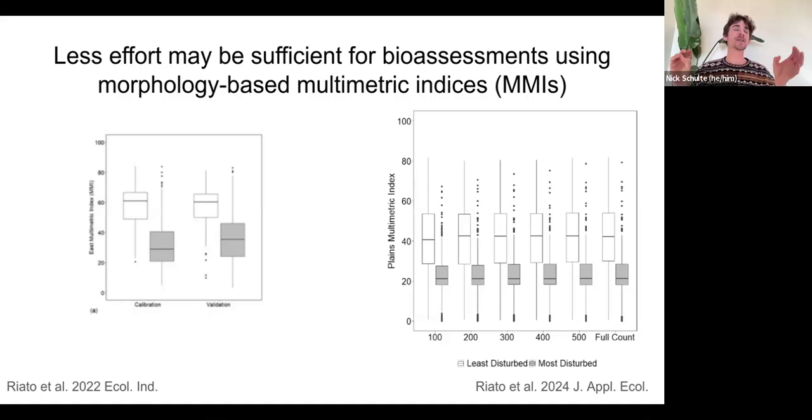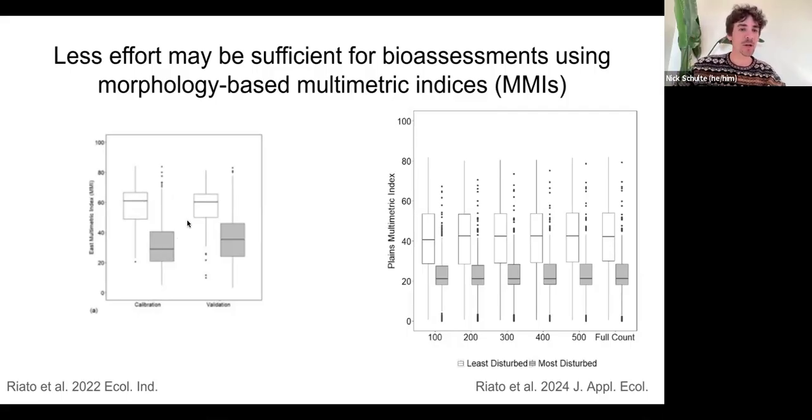So trying to make sense of this hyper diverse diatom community to be able to use it for environmental assessment of whether they're changing from disturbed to reference streams. In white here on the left are the least disturbed streams, and the gray are the most disturbed streams.